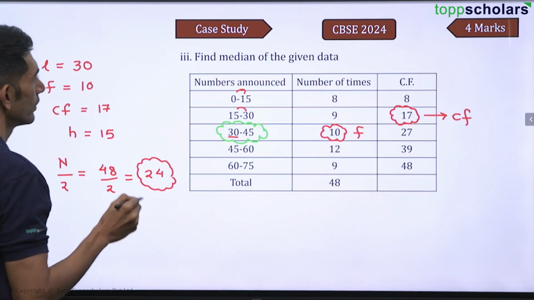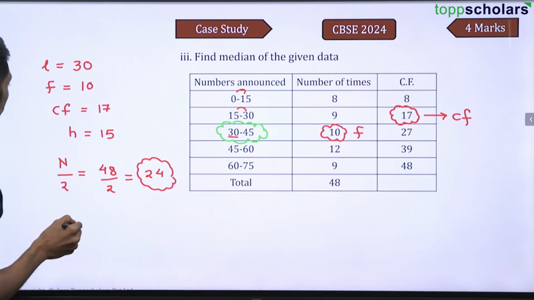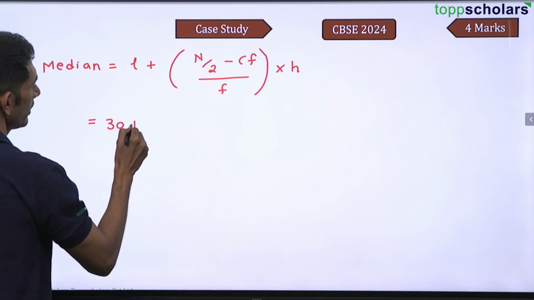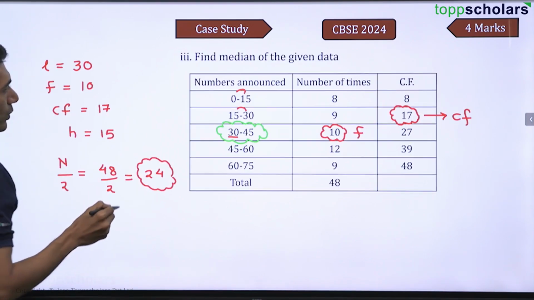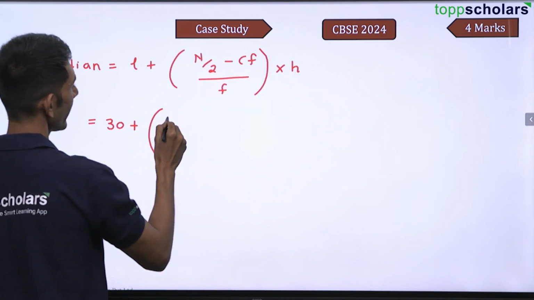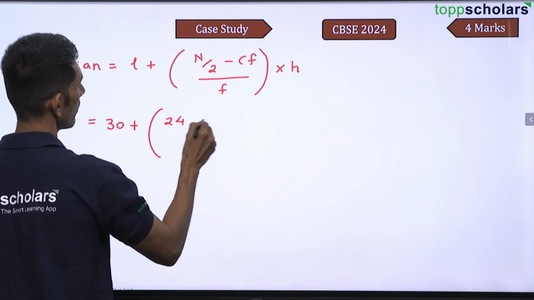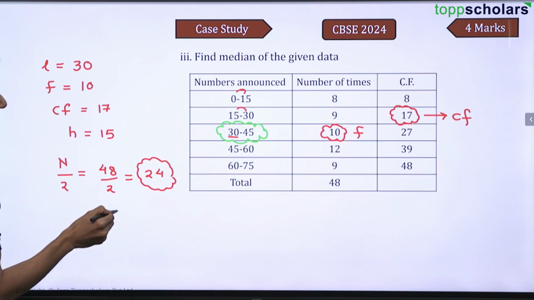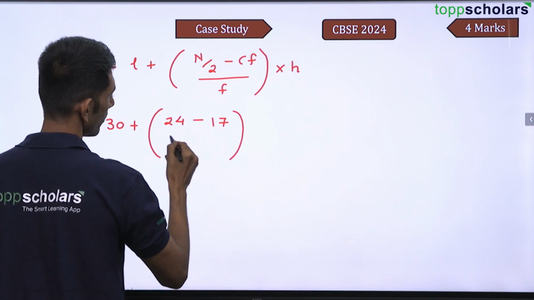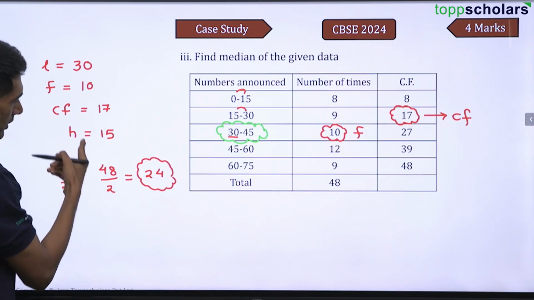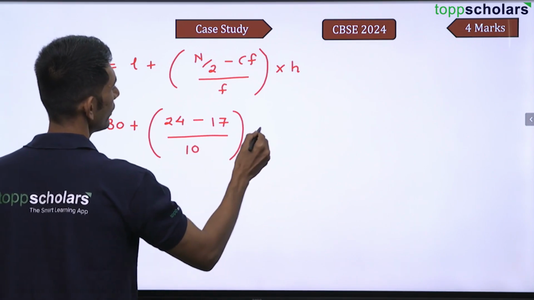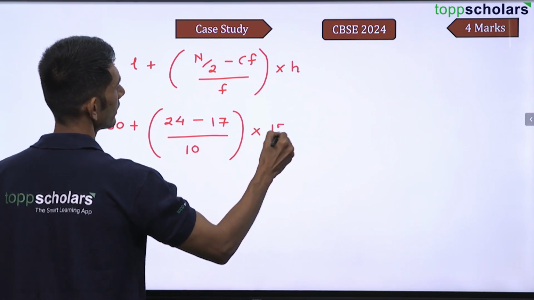So that is equal to, we have L. So what is L? L is 30. So 30 plus N by 2, N by 2 that is 48 by 2. So can I write down 24 minus CF 17 by F. F is how much? 10, into H. H is 15, correct?